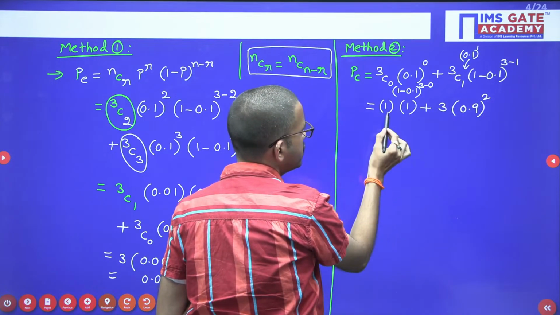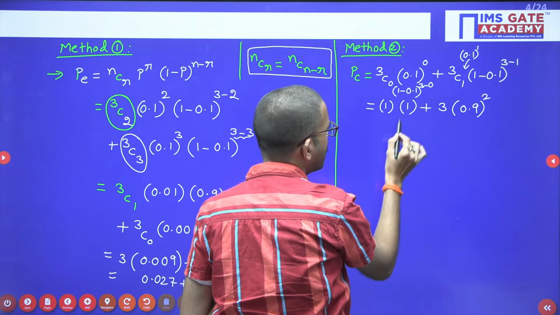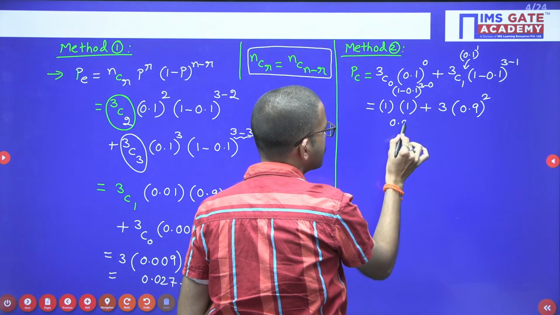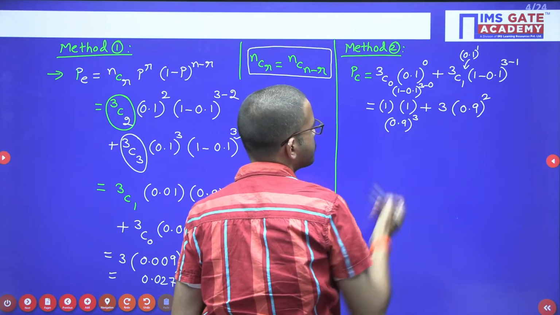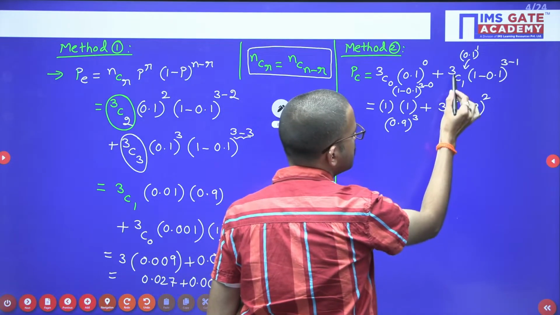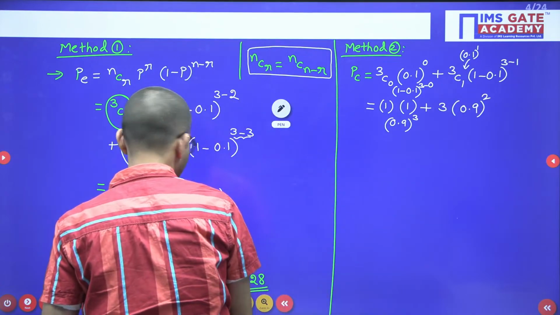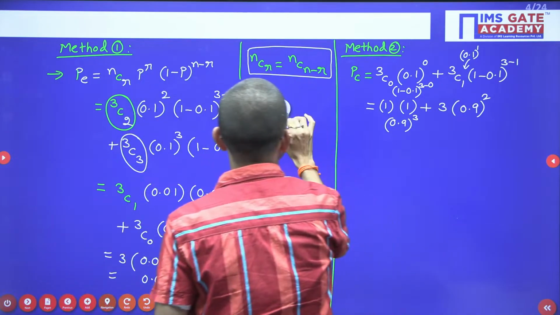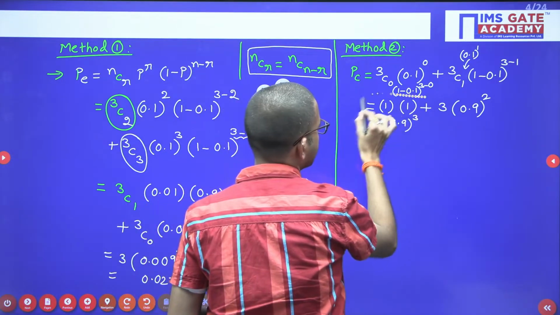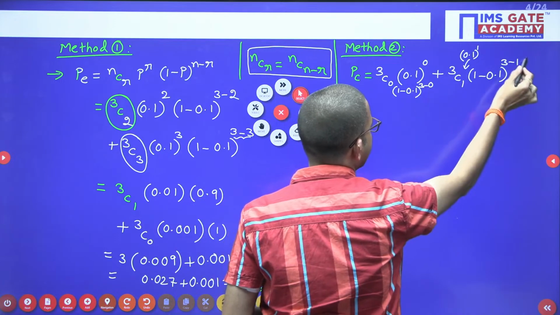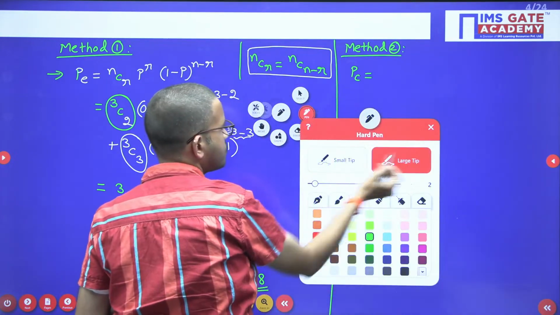So 3C0 is 1, 0.1 whole power 0 is 1, after that 1 minus 0.1, that is 0.9 whole power 3, plus 3C1 is 3 into 0.1. I will write this entire expression once again by using this formula.